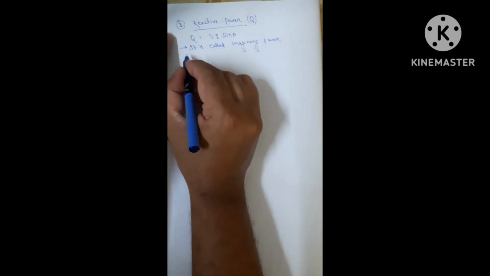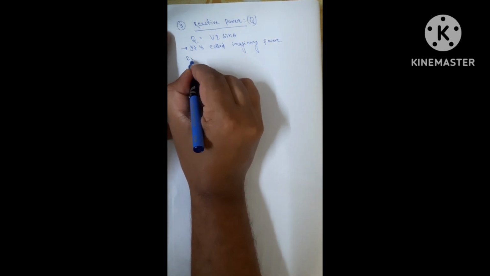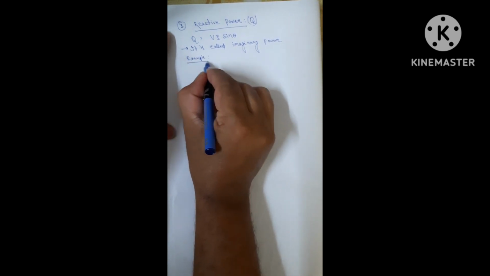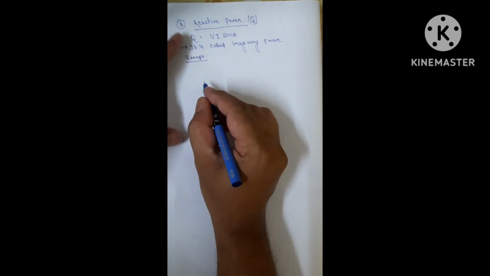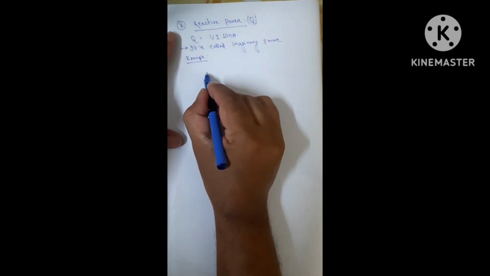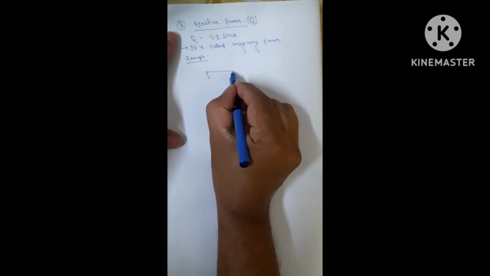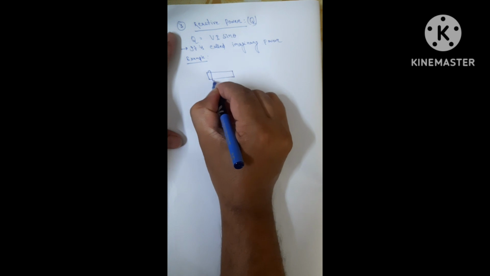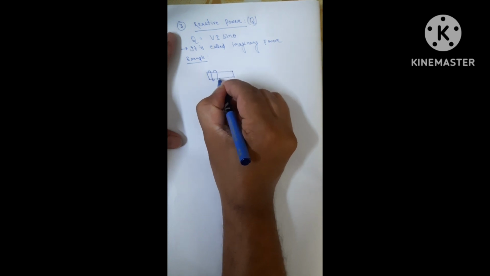Now with an example we can clearly understand what is imaginary power. Now we will take an example. Let's take a metal strip. Now a coil is wound over it, like this.